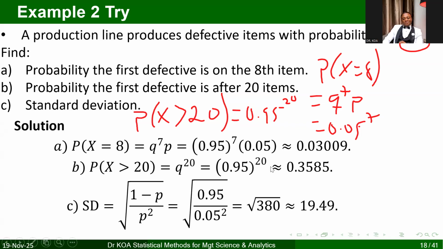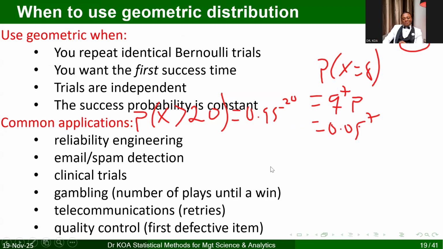Okay. So that's it. Let's go to some of the advantages or practical use of this geometric distribution. Practically, where do we use them?